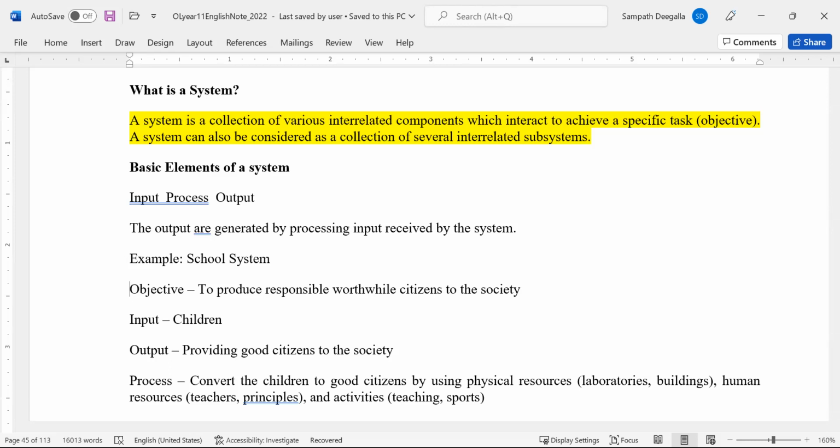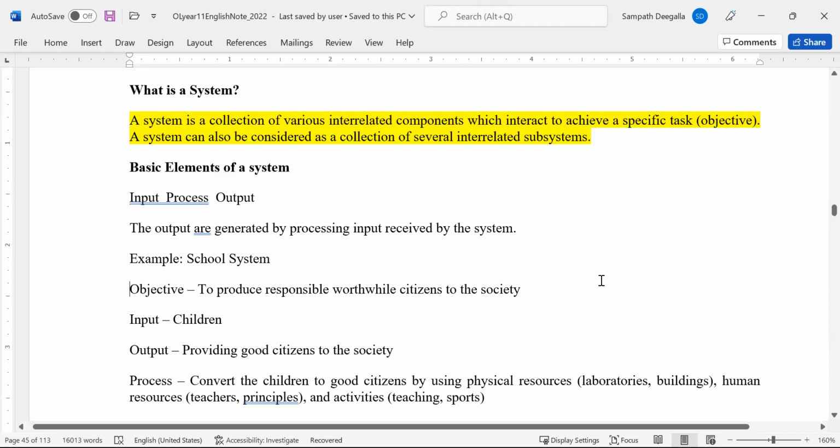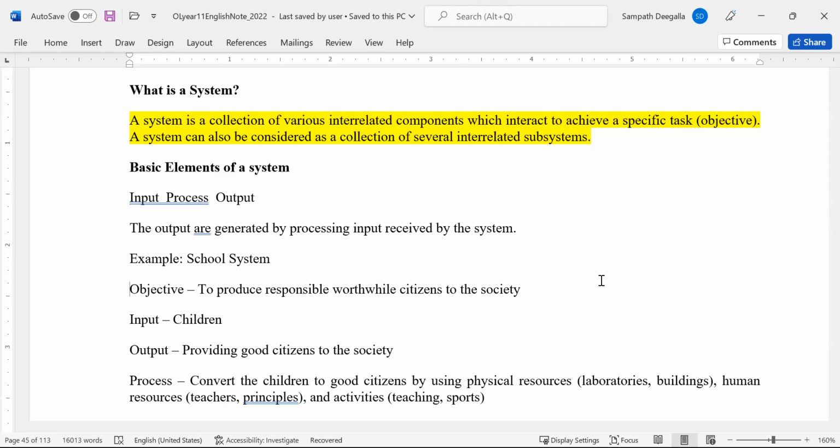You go to school in grade 1 and you have very limited knowledge. Interactions were limited, but at the end of the school period, you will actually be molded to be a good citizen for the society. Now, how did this happen? So we need to transform these children, at your young age, into responsible, worthwhile citizens to the society.